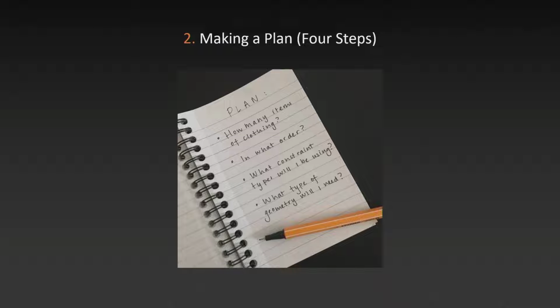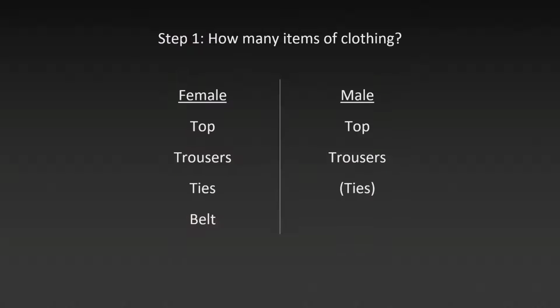So the next step would be making a plan, which I've split here into 4 stages. Initially I thought about how many items of clothing there would be. The female was going to wear a top, trousers, some ties and a belt, while the male was going to wear a top, trousers and ties.